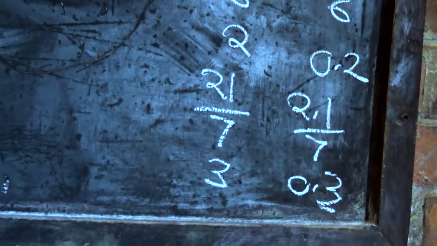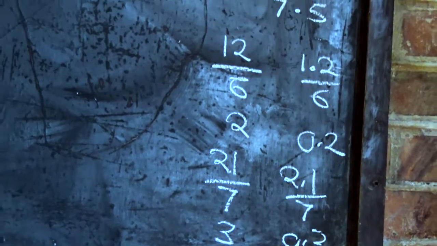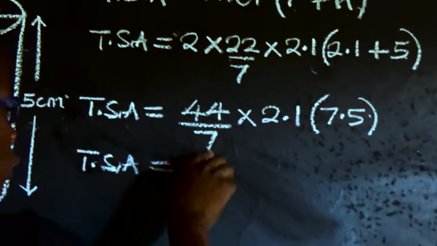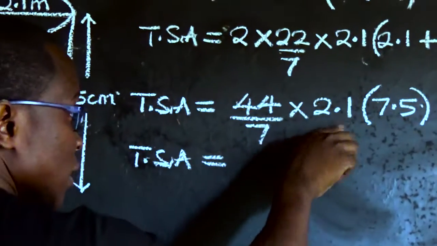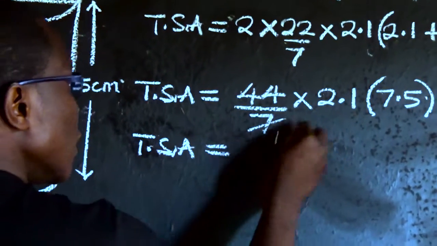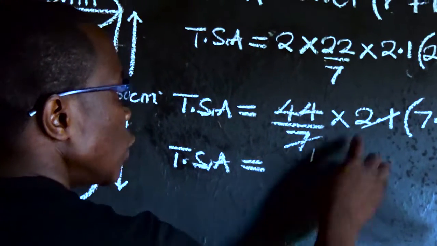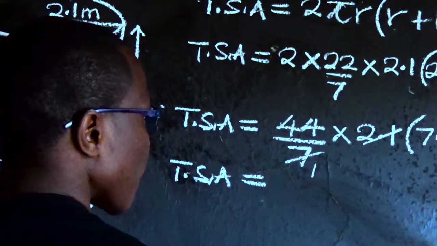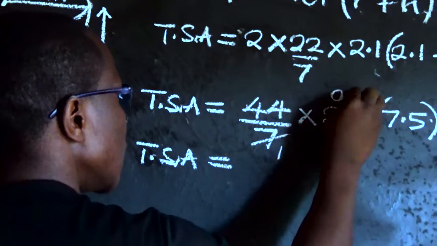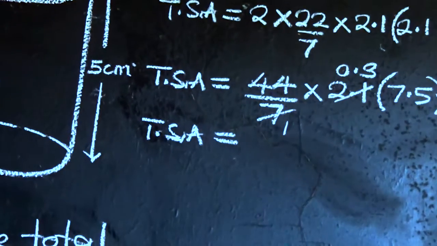Are we moving together, people? So even here, 7 goes into 21, but this is 2.1. So 7 into 2.1 is 0.3.